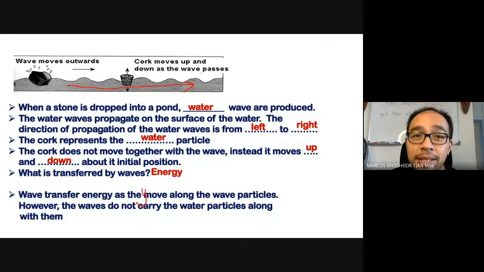This is something that's a little bit hard initially, at the beginning stages, for us to grasp, because we always think that if I drop a stone and there's something else on the other side, that thing is going to be pushed by the wave. Actually, it does not. You should give it a try.